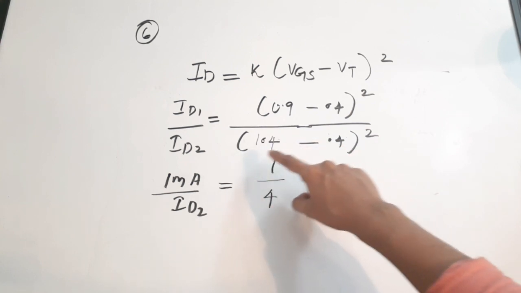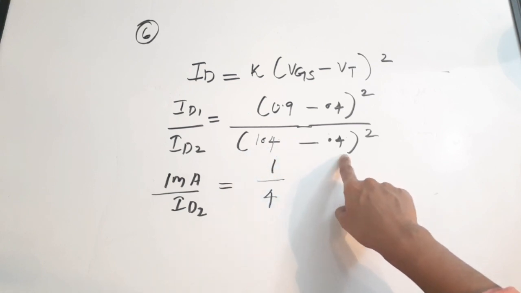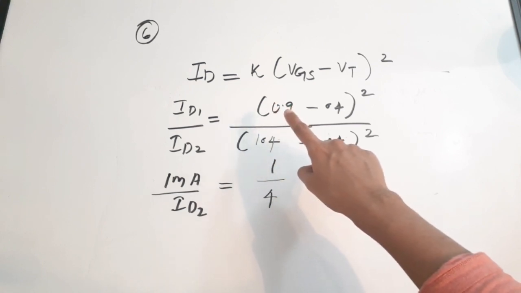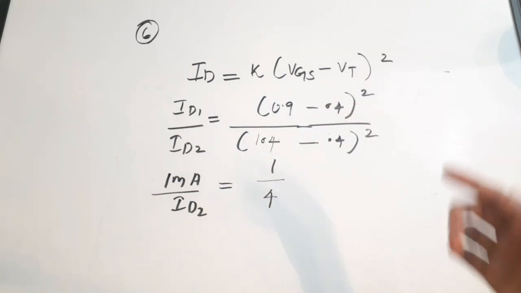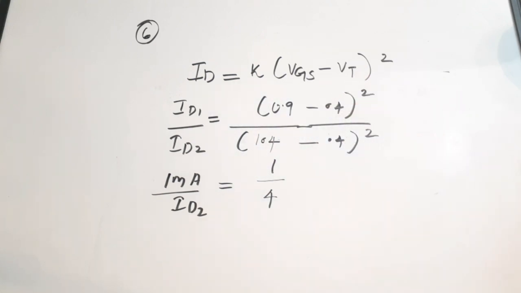How does it come? 1.4 minus 0.4 is 1. 0.9 minus 0.4 is 0.5. 0.5 square is 0.25, which you can write as 1 by 4. Now we need to find ID2, so just cross multiply.